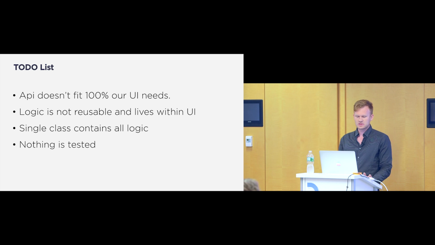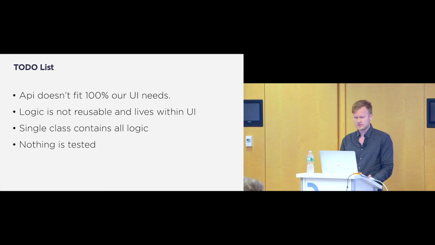First, by its nature, an API doesn't usually fit UI needs. So we had to introduce some methods within our view that extract the pickup and drop-off, and they are not tested at all.